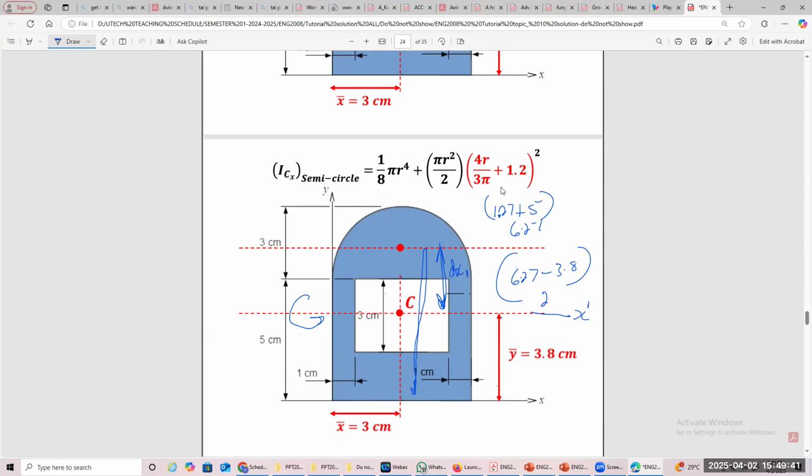Because one is from the centroid. Yes, it's from the centroid. So you're relating the center of that to the centroid position. You know the y. You see the y that you find first, you're going to make sure that you take away the centroidal y from that distance for that one. And that is how you find it.